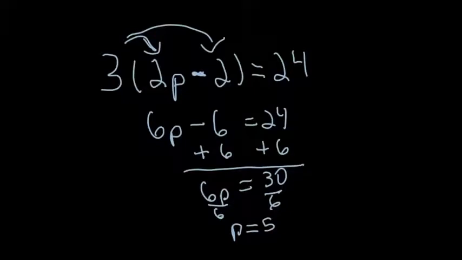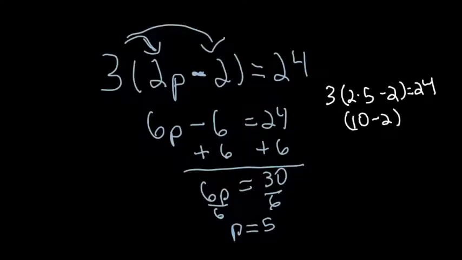So put that into our original equation: 3 times 2 times 5 minus 2 equals 24. We'll just follow order of operations now. 2 times 5 is 10, so I've got 3 times 10 minus 2 equals 24. 10 minus 2 is 8.